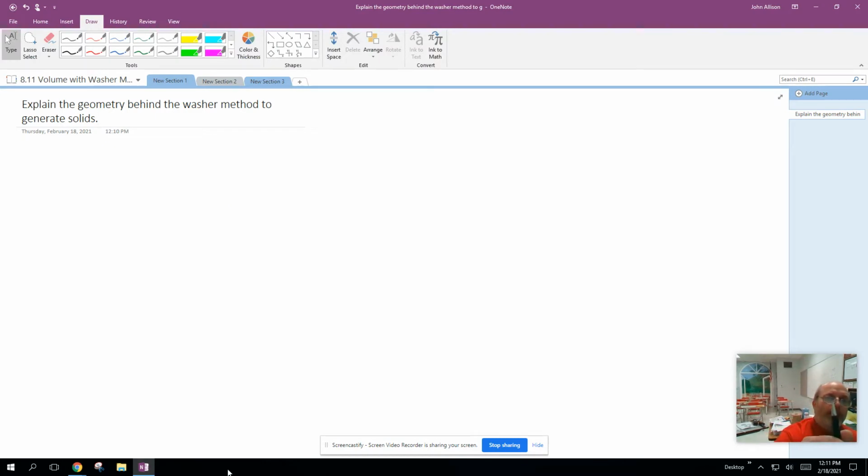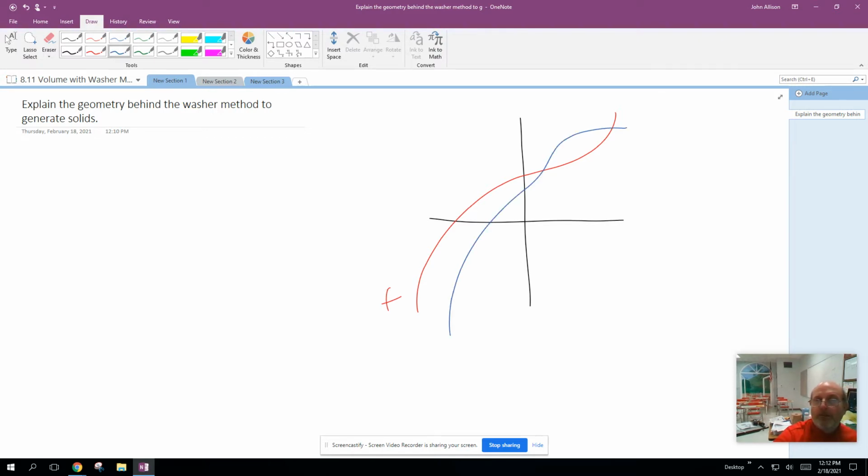So what we're looking at is, with the washer method, if we take a function f of x and a function g of x, and those two functions create a region, and we were going to revolve this region around the x-axis, it would create what looks more like a washer than a disk.